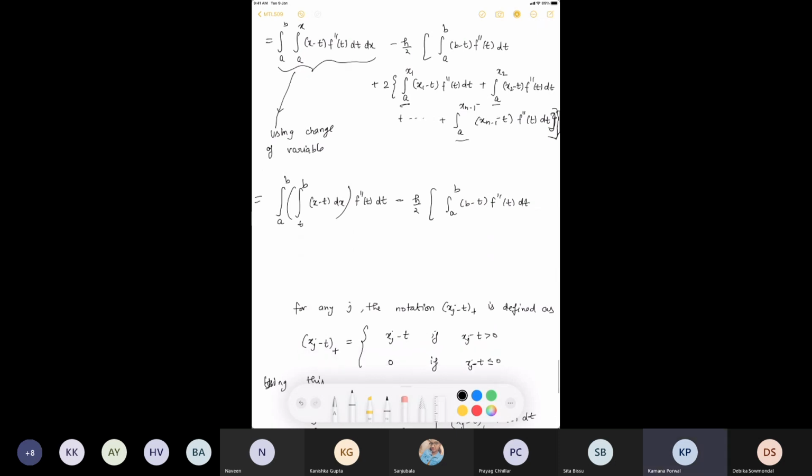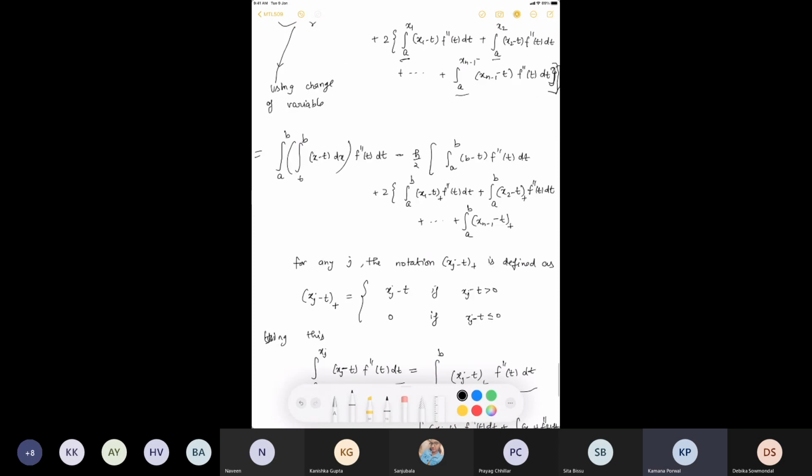So this is going to be the same as plus 2 times the integral a to b of (x1 minus t) plus f double prime t dt, plus the integral a to b of (x2 minus t) plus f double prime t dt, and the last term in this summation is the integral a to b of (xn minus 1 minus t), positive part of this function.